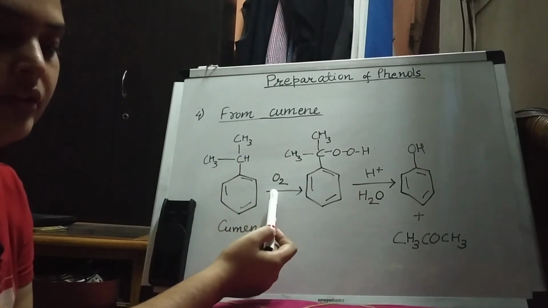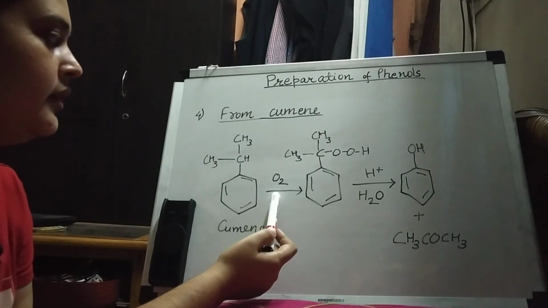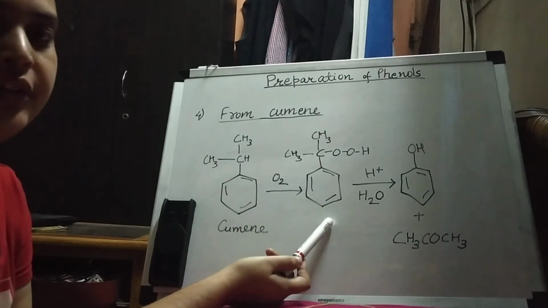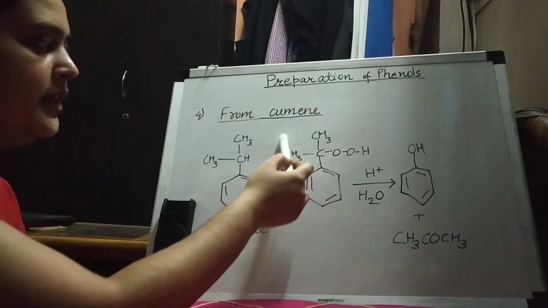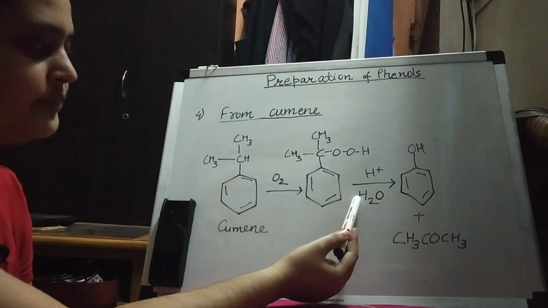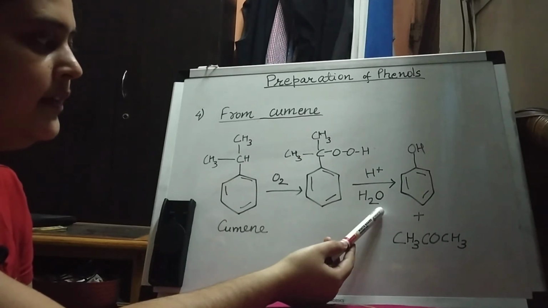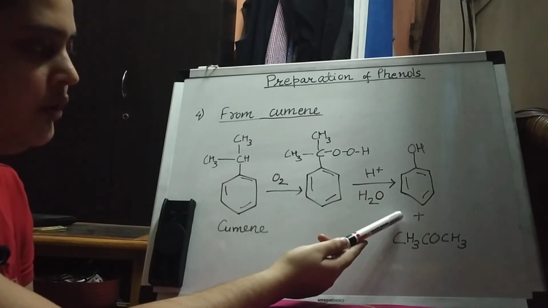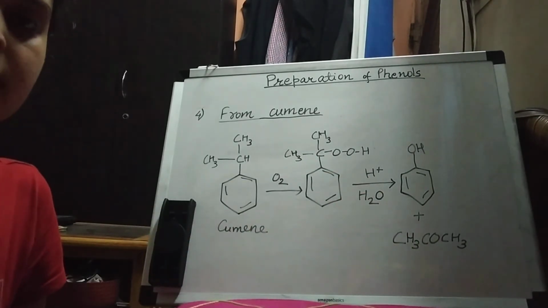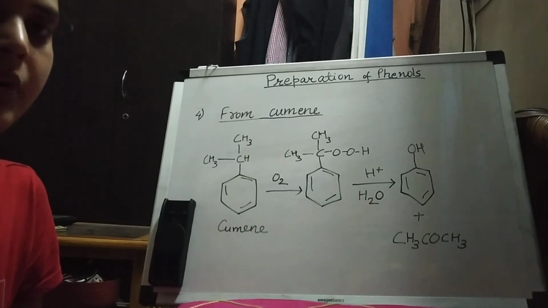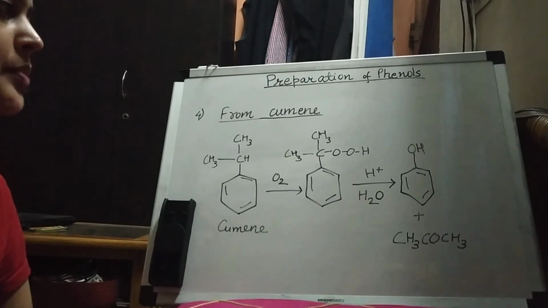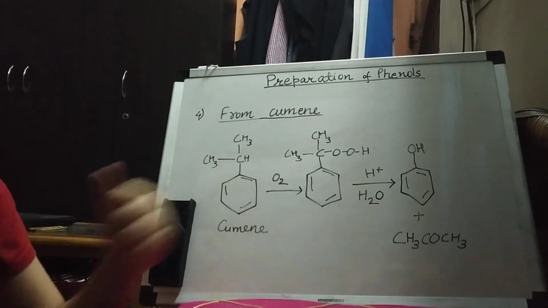When we add oxygen or air, we get cumene hydroperoxide. When we hydrolyze it, we get phenol and also acetone. Acetone is produced in great amount in this method, so this method can be used to prepare phenol as well as acetone.